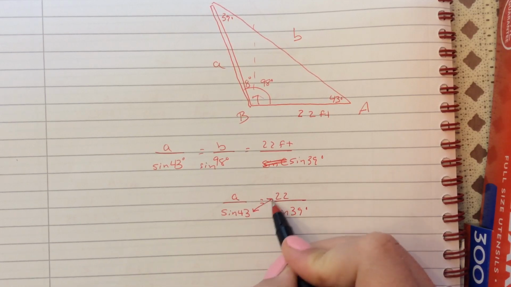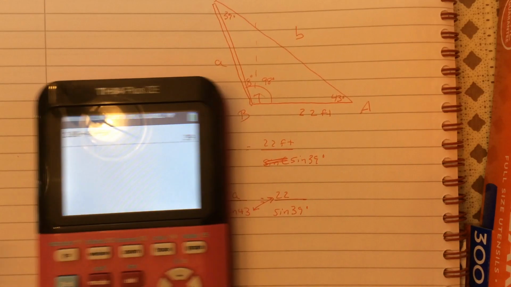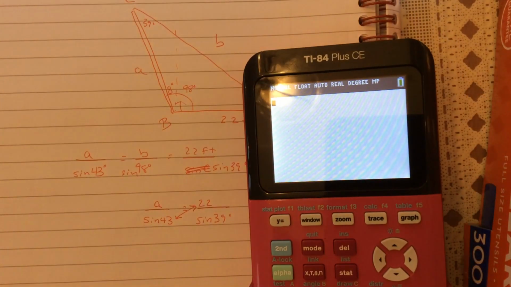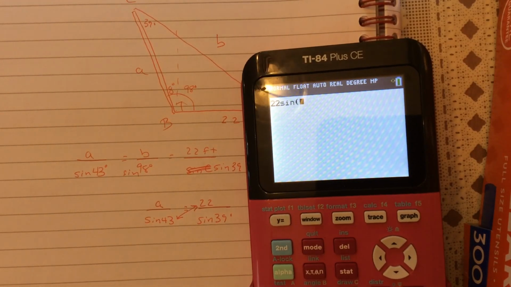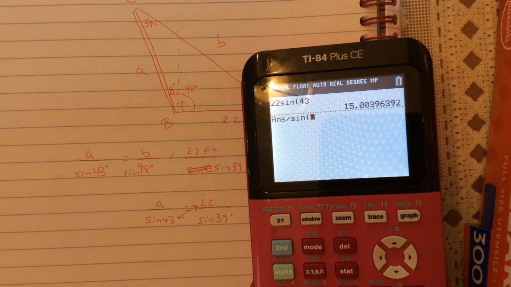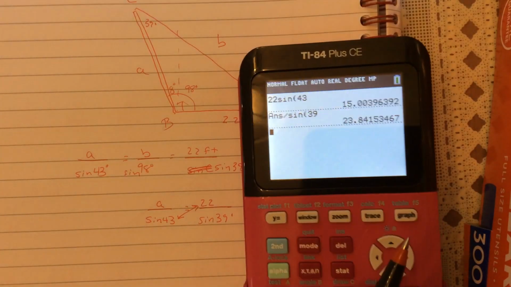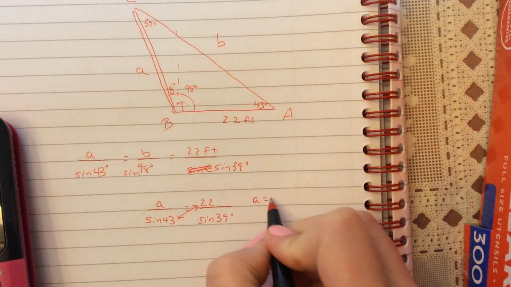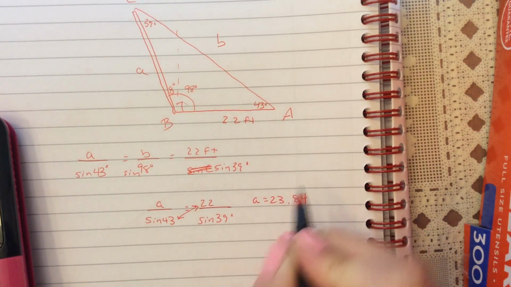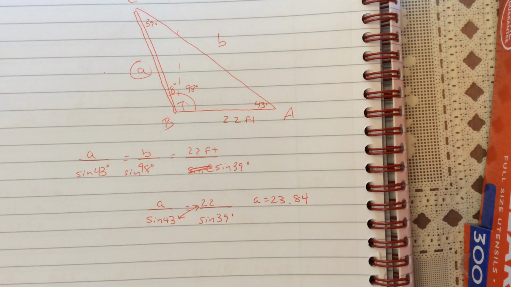So I'm going to cross multiply and then divide by the sine of 39. We get 23.84. And that is the length of A, which is what the question was asking.